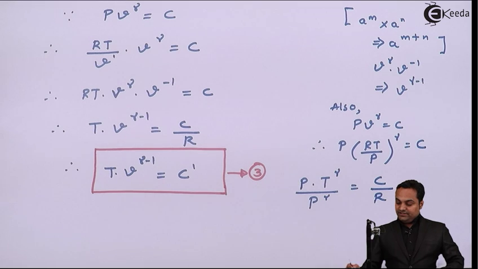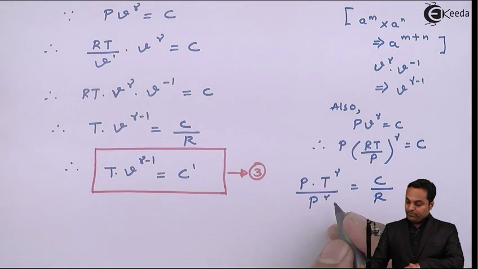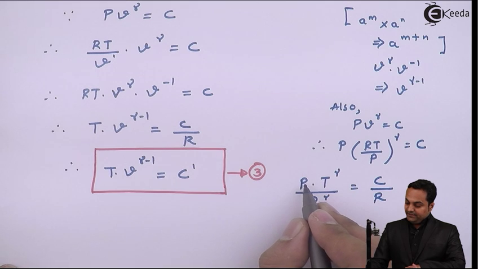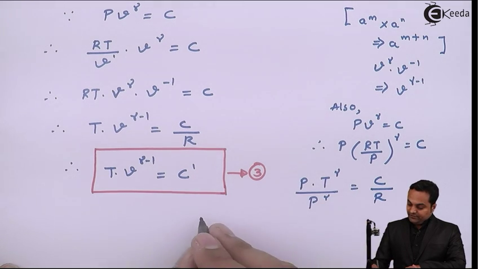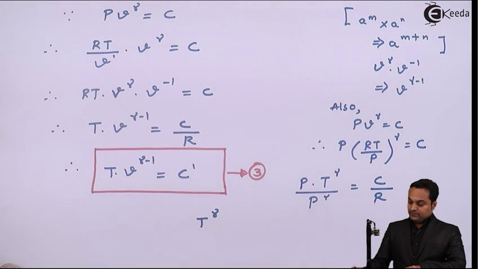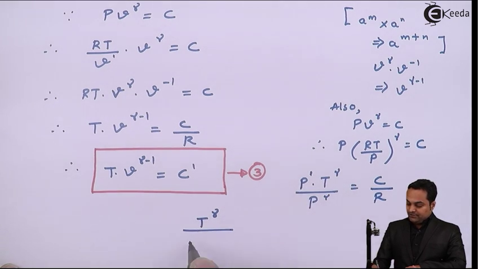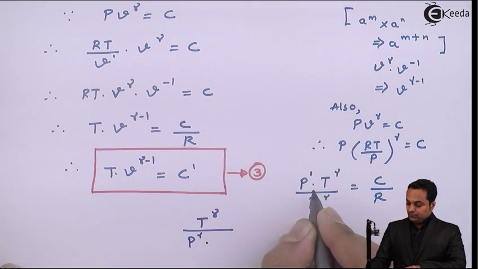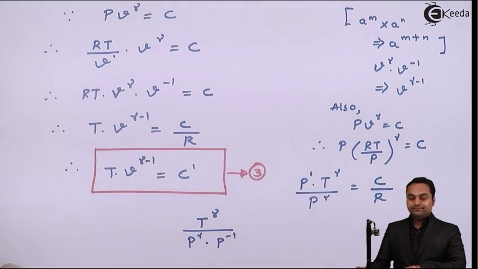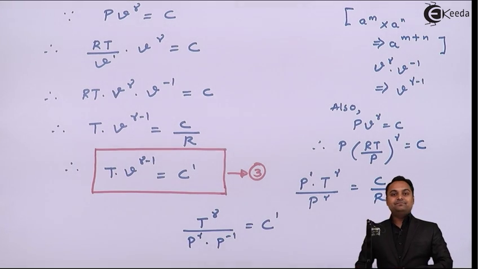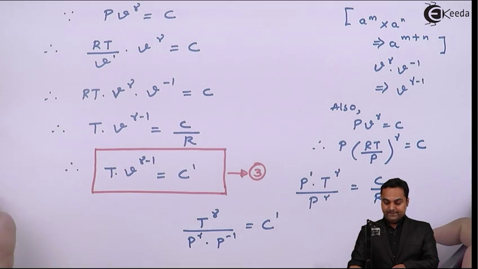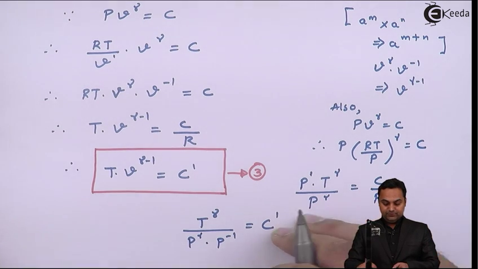Next, after reaching this stage, if I bring this P into the denominator, first of all, T raised to gamma will remain as it is. Next here it is raised to power 1. So if I send this P into the denominator, it will become P raised to gamma as it is into here P raised to minus 1 is equal to C upon R, which is another constant C dash.